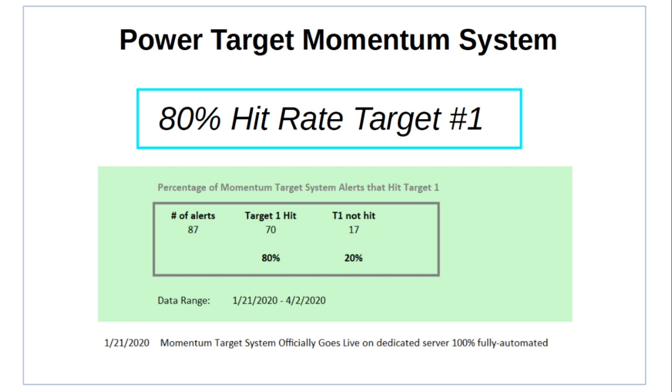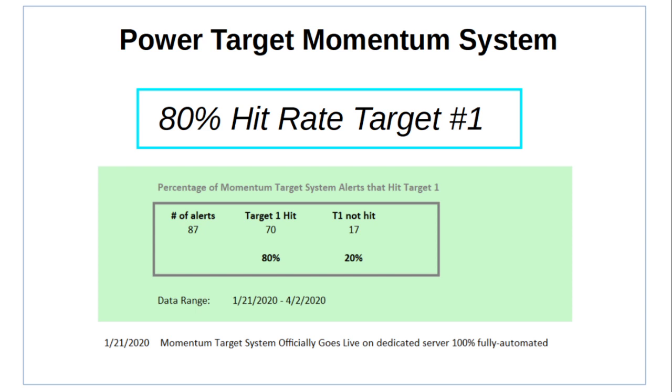Recently I went back through all of the alerts on the ES momentum system and was crunching some stuff, and I tracked this. Just looking at my tracking, I noticed something that I actually already knew, and we've discussed this in prior meetings.